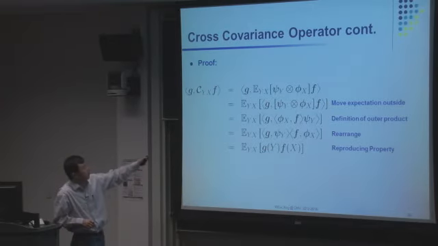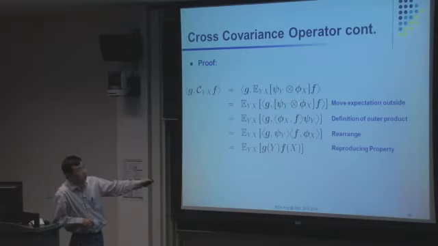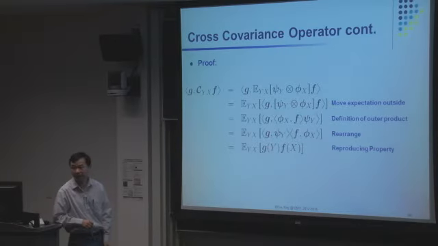You just bring the definition of the C as the expected outer product of the 2 feature functions, and they apply to F, and by definition of the outer product, you can now distribute the arguments in here, and 1 goes to this and 1 goes to here, and then due to the reproducing property, this one gets itself and that one gets itself evaluated at x, y correspondingly.